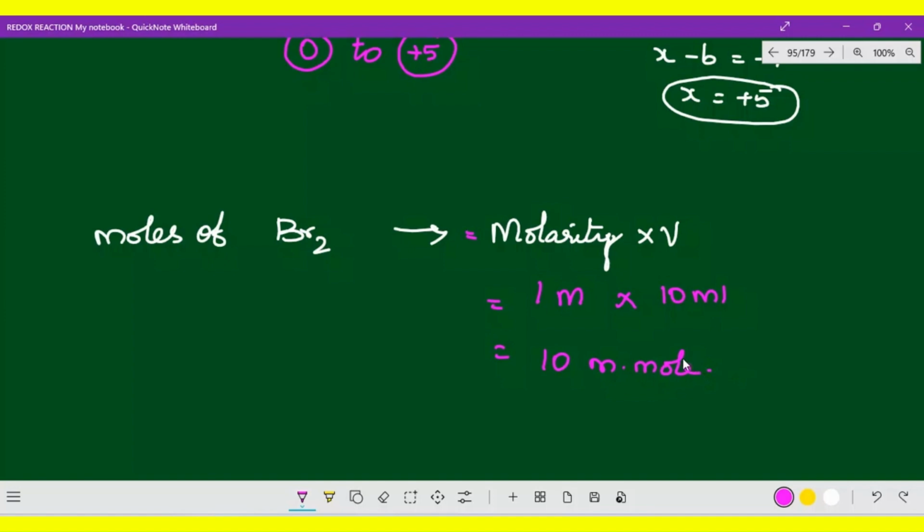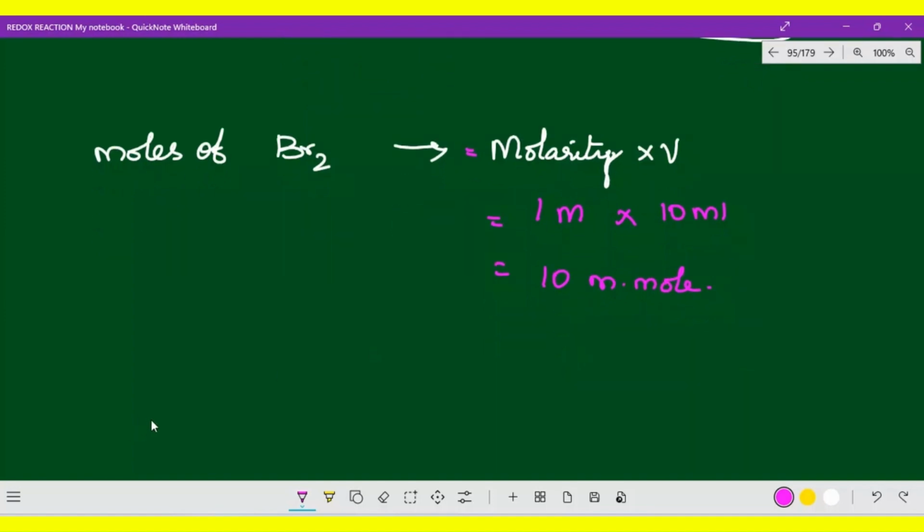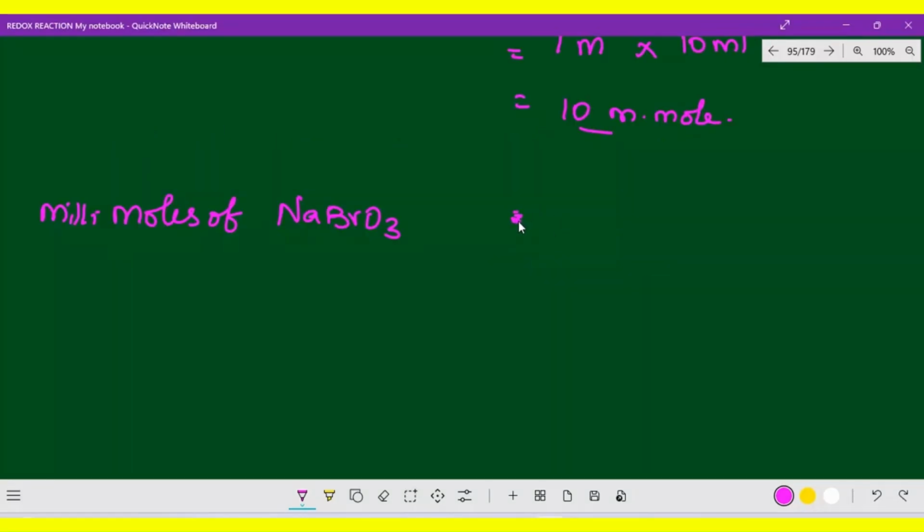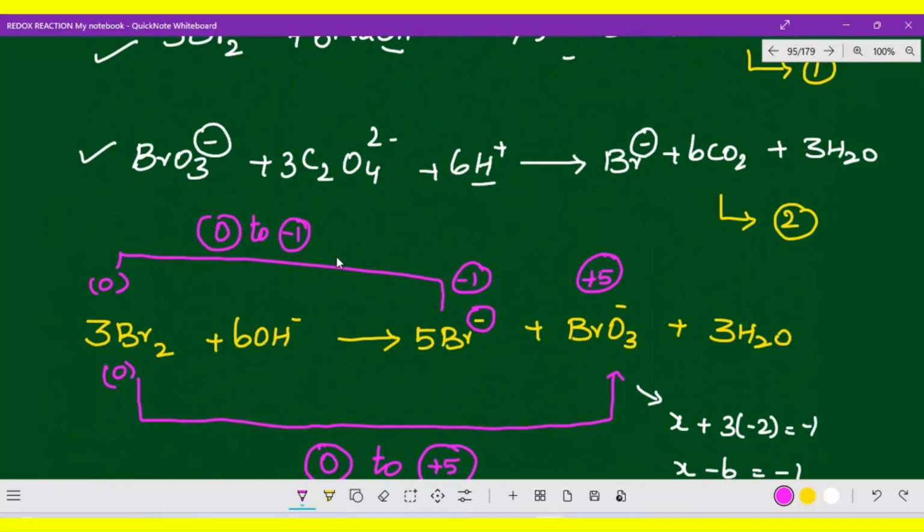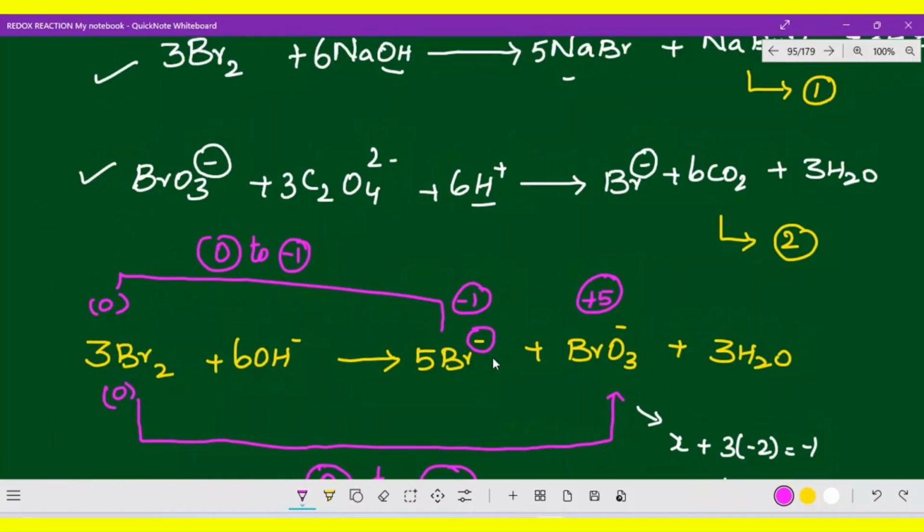Yes. Now moles of NaBrO3, right? This is Br2. Now here moles of NaBrO3. This is the balanced equation I mentioned at this point: 3 moles of bromine can provide BrO3 minus.